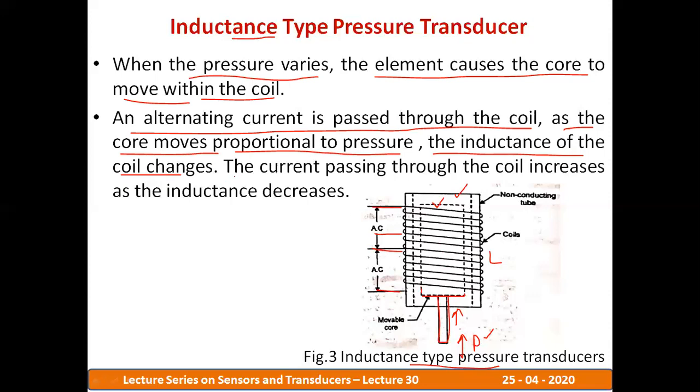Later we'll see what happens. The current passing through the coil increases as the inductance decreases. Basically, depending upon the variation in the pressure, the inductance of the coil is going to vary, which will vary the current flowing in the coil.